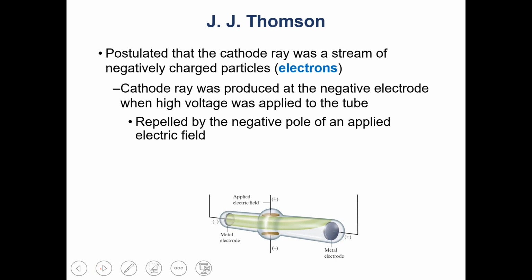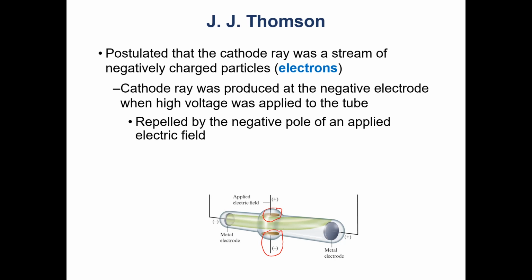So what he did was he turned this on and allowed a stream of electrons, which is our cathode ray, to pass through this tube, and then he applied an electric field so that we had a positively charged electric field here at the top and a negatively charged electric field down here at the bottom.